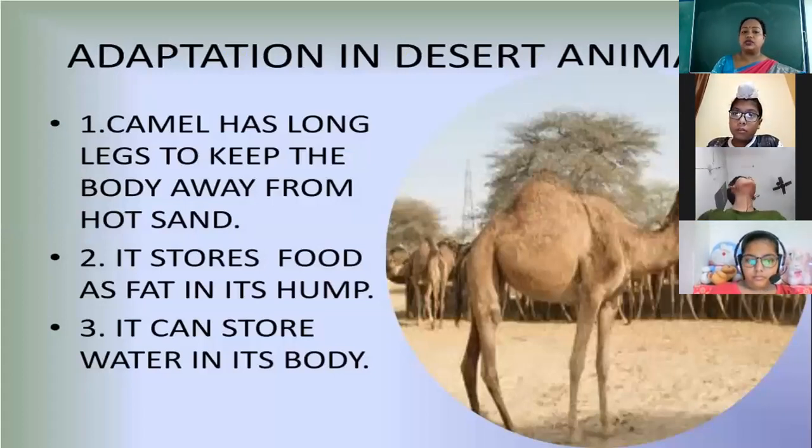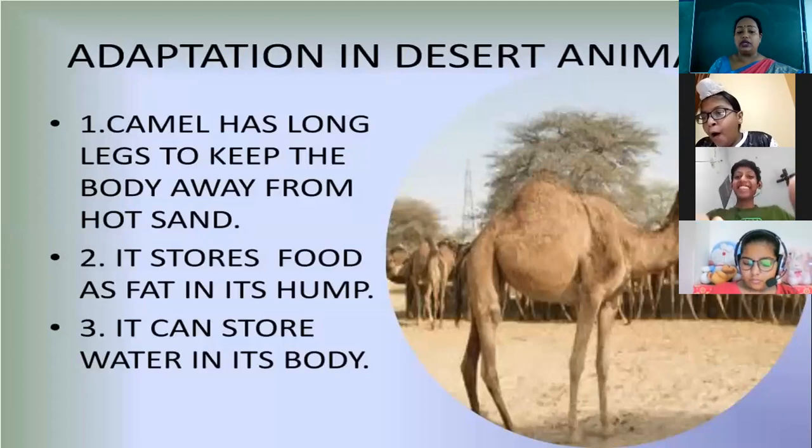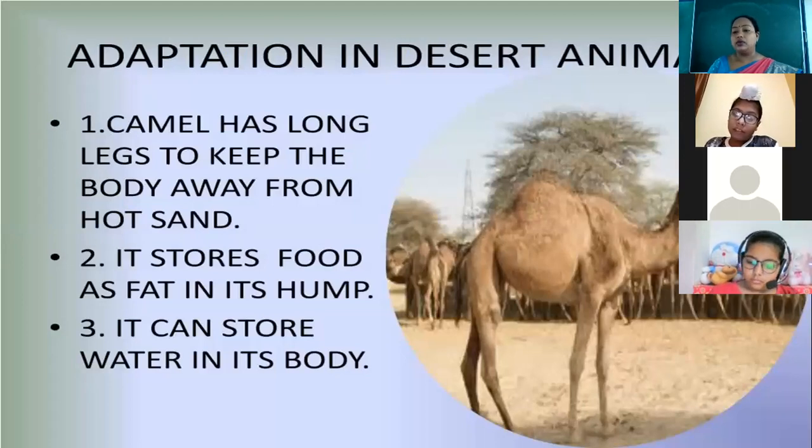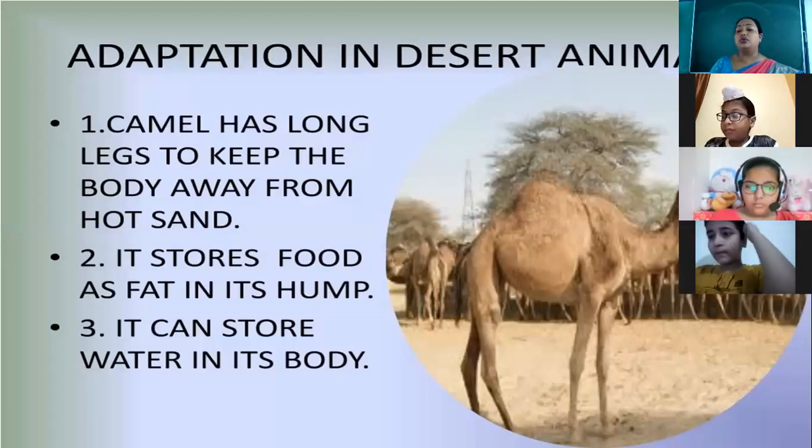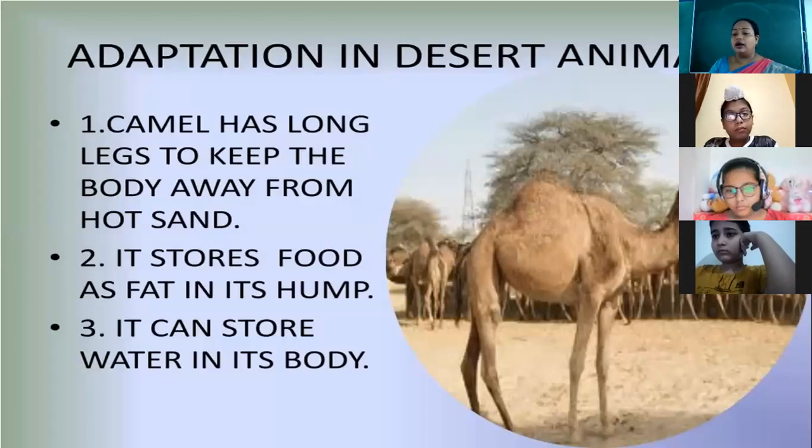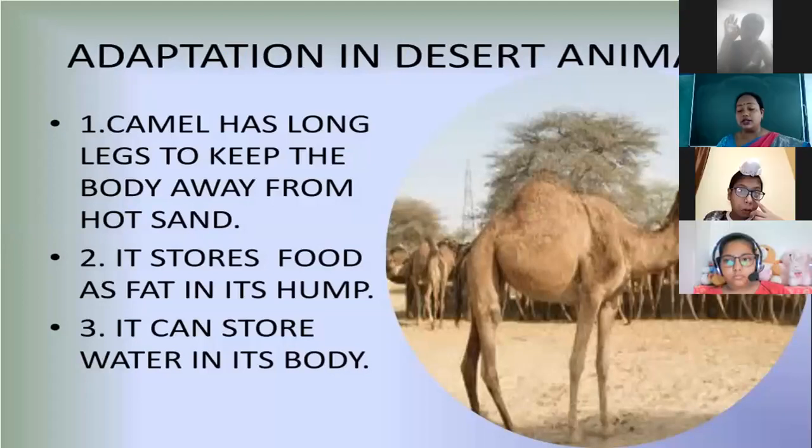Then we discussed the camel. Camel has long legs to keep the body away from hot sand, and it has a hump on its body, which stores food for the camel. Then I also told you that it can store water. A camel can drink around 40 liters of water at a time, and this water is stored in its body.